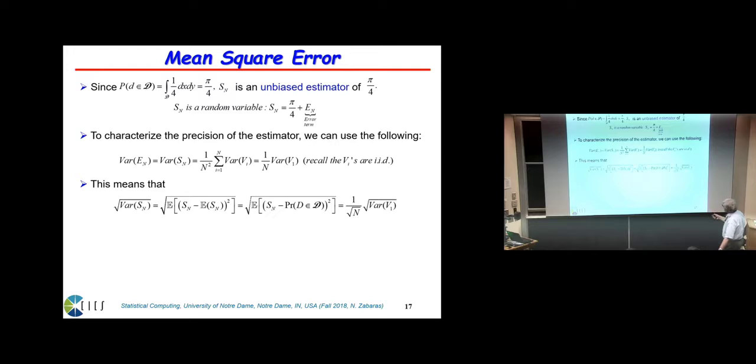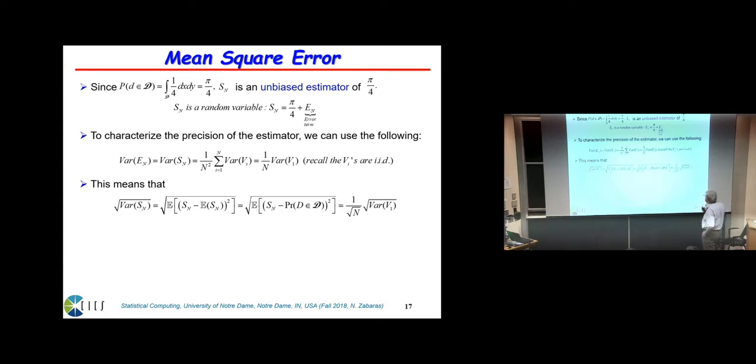There's nothing here, but I want you to think that really the square root here is nothing else but the mean square error, right? This is the actual probability that you want to estimate, that's pi over 4. This is the estimate, right? And because there is an expectation there, this is the mean square error.